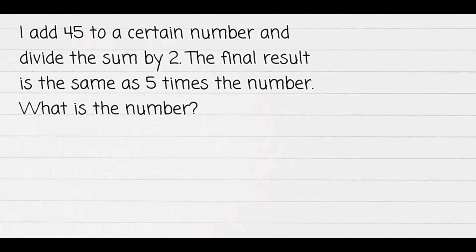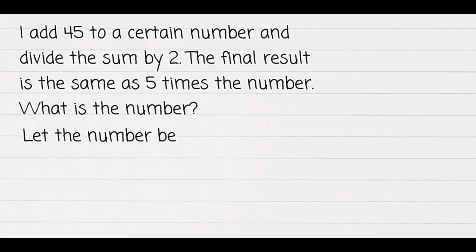I add 45 to a certain number and divide the sum by 2. The final result is the same as 5 times the number. What is the number? Now we are going to pick an unknown like we did in the previous examples. It could be x or y or z, but for this example let it be x.